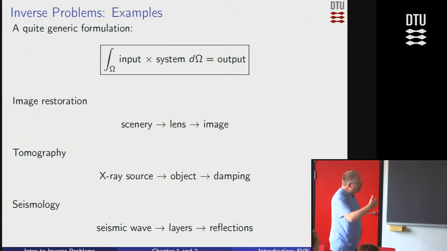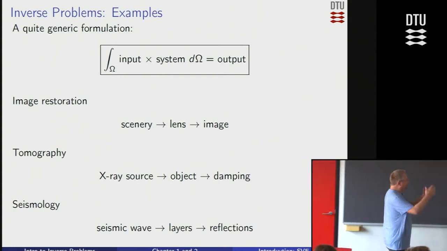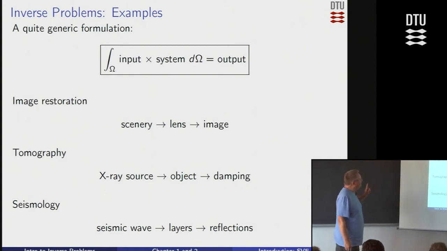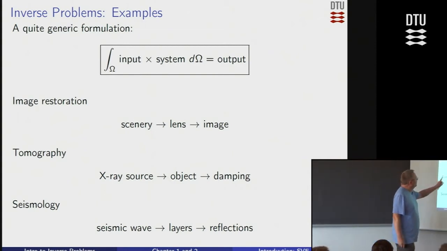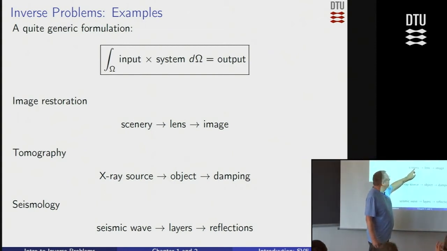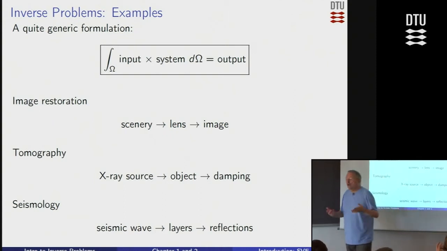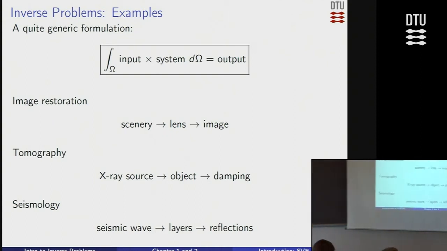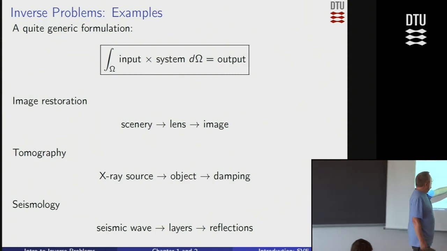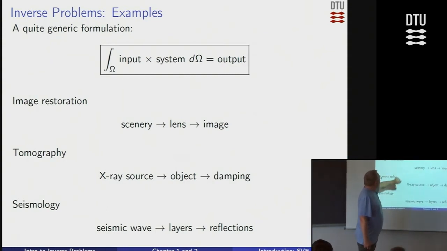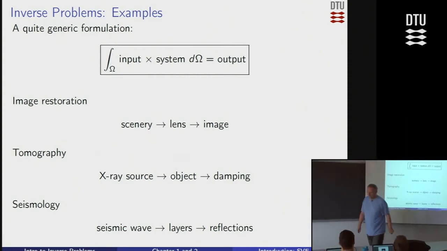Some kind of integration is involved here, an integration over a domain. Image restoration is an example where you have this sharp scenery, but then you send the light through the lens, and then you record a blurred and noisy image. So what you have there is, of course, the data, and in this example you know the system.